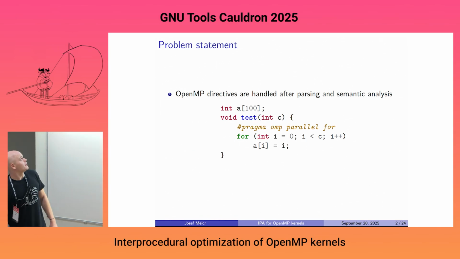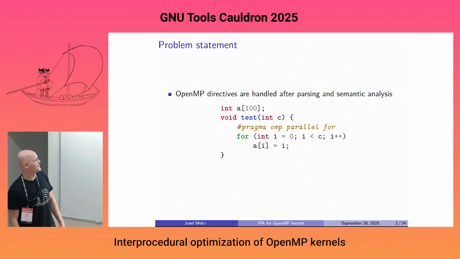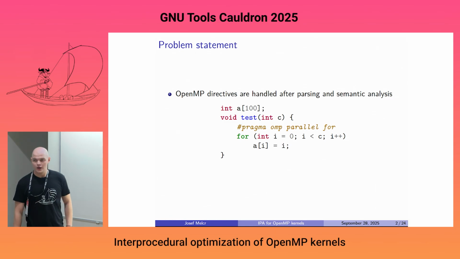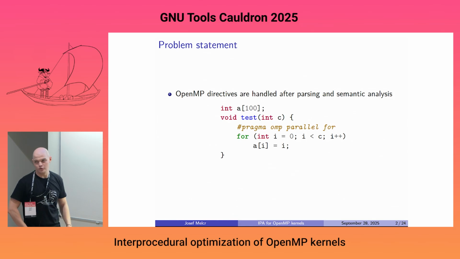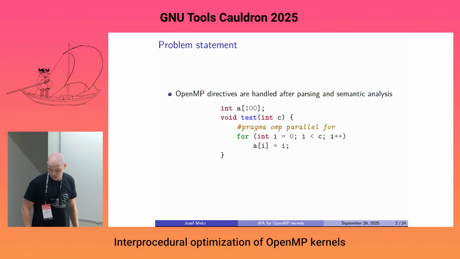On the slide, you can see a very complicated test case that utilizes the OpenMP parallel for class, and the function test takes an integer c, which is then being used in the for loop as a bound.